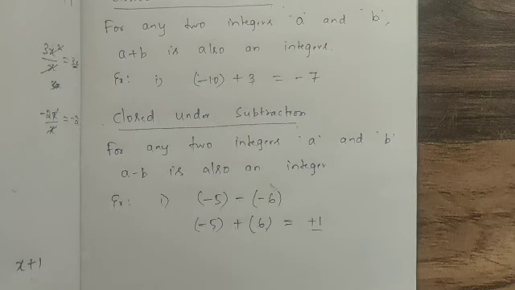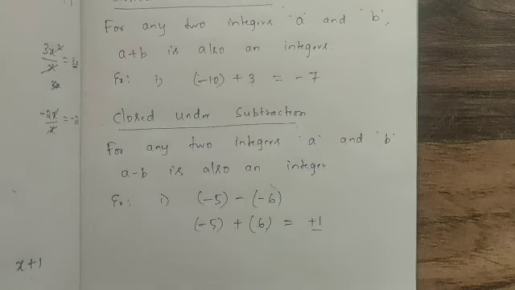So what we have learned today, learn it, which is very, very important for your higher classes. These properties we are going to study for all the number systems, but properties are the same. Here we have taken integers. In your higher classes, you may take rational numbers, then real numbers, then complex numbers.